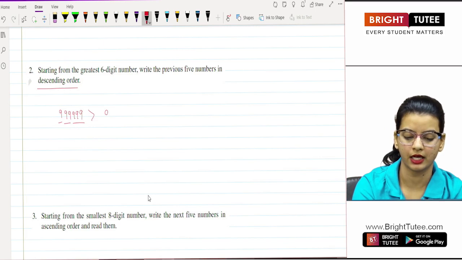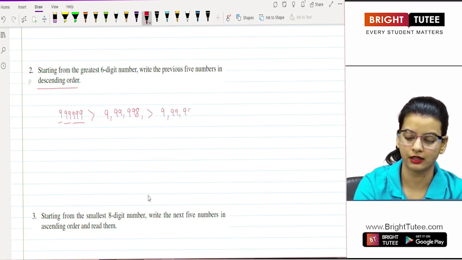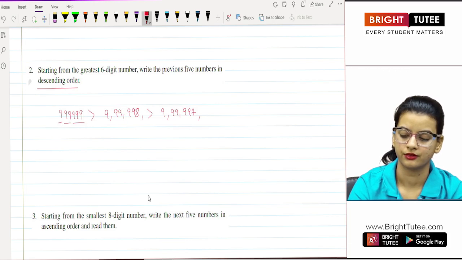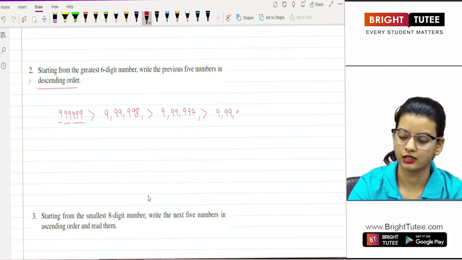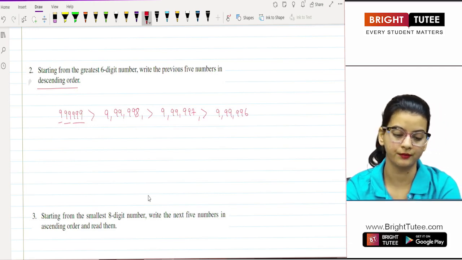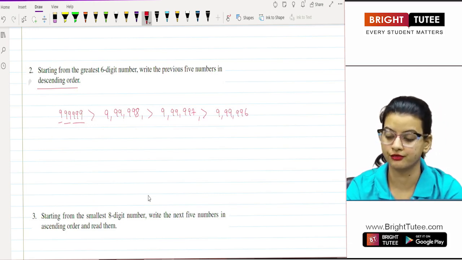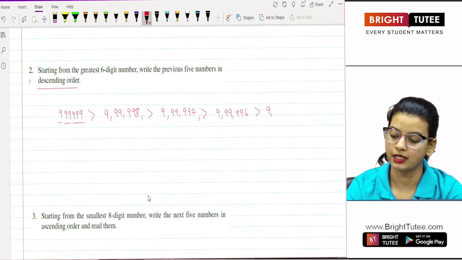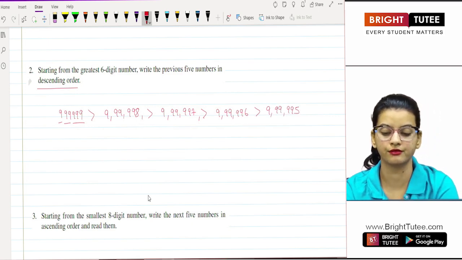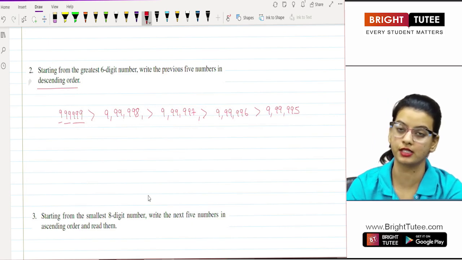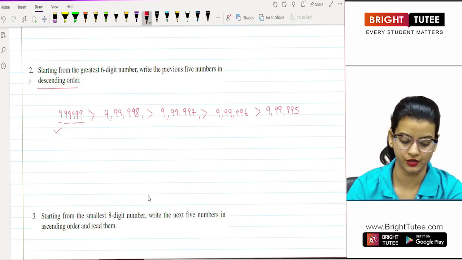So we have 9,99,998. Then we have 9,99,997. Then we have 9,99,996. Then 9,99,995. So I have written 5 numbers in descending order starting from the greatest 6-digit number.